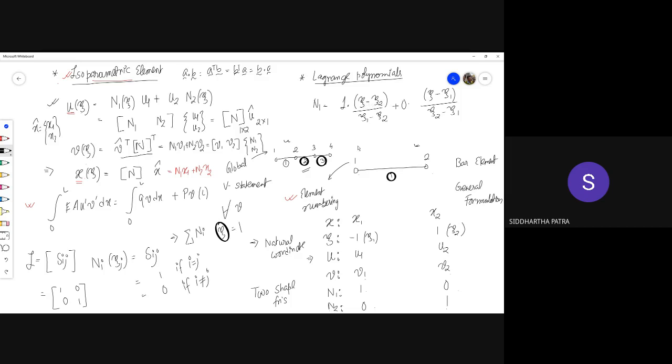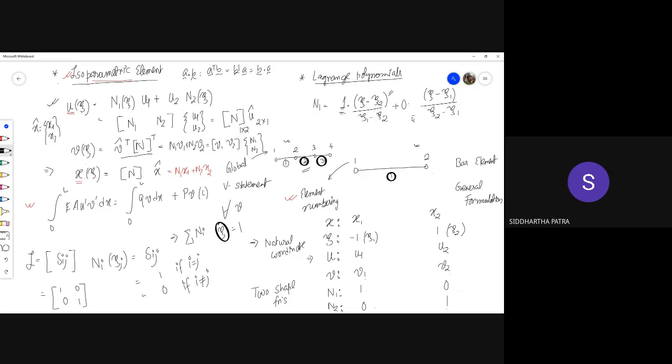What does it ensure? That when you put xi equals xi1, this fraction becomes (xi1 minus xi2) divided by (xi1 minus xi2), the numerator and the denominator become the same and it essentially becomes 1, which means you have the value of N1 at xi1 as 1.